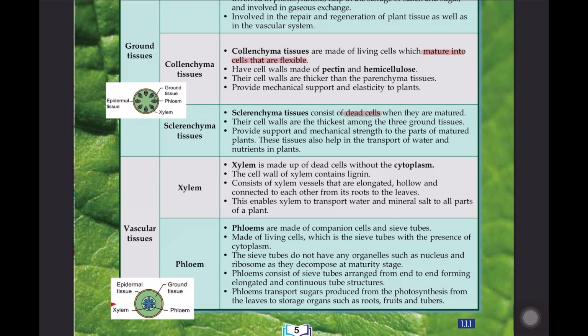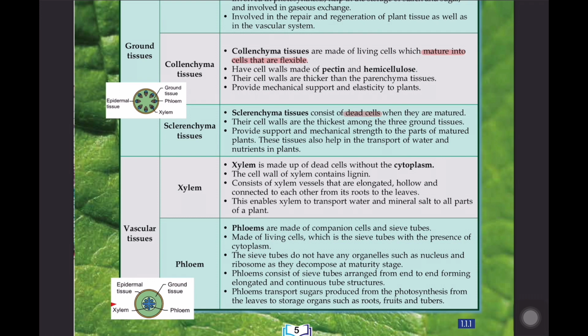Phloem is living cells. So phloem is made up of companion cells and sieve tubes. The sieve tubes have cytoplasm, but they don't have organelles such as nucleus and ribosomes as they decompose at maturity stage.